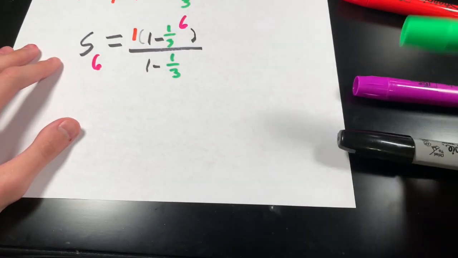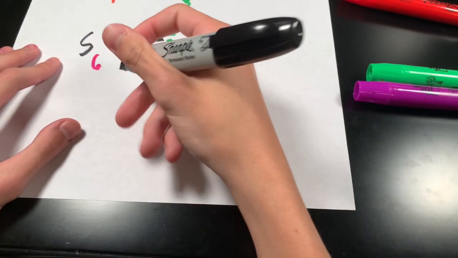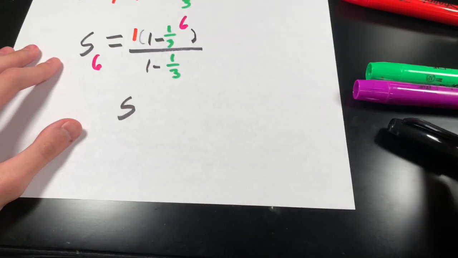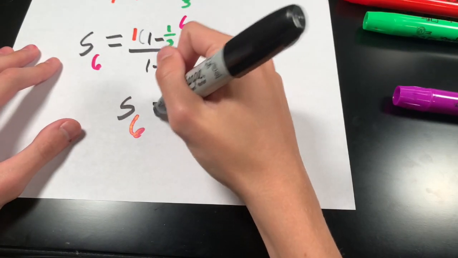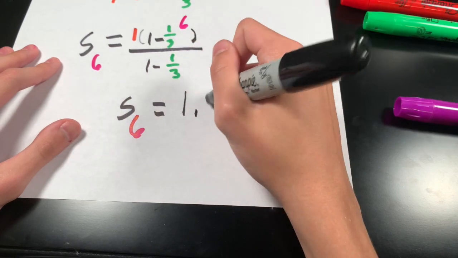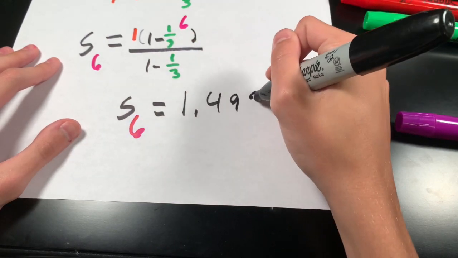If you plug this into the calculator, you get S of 6 equals 1.498.